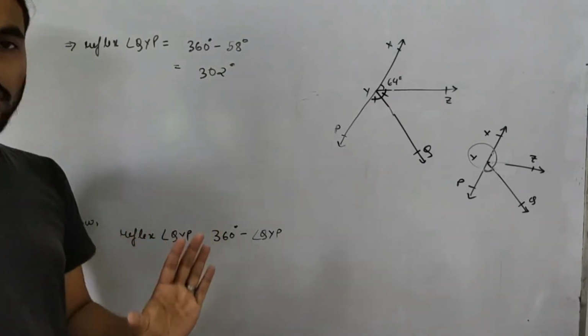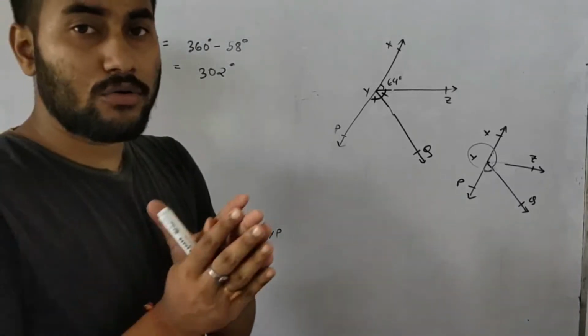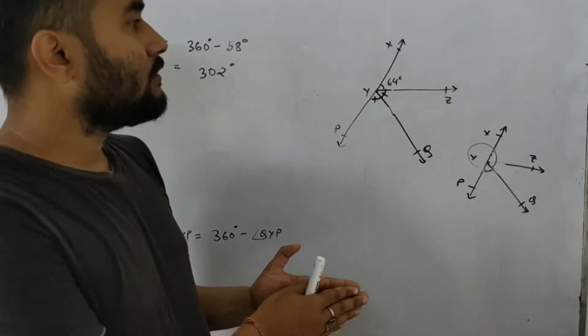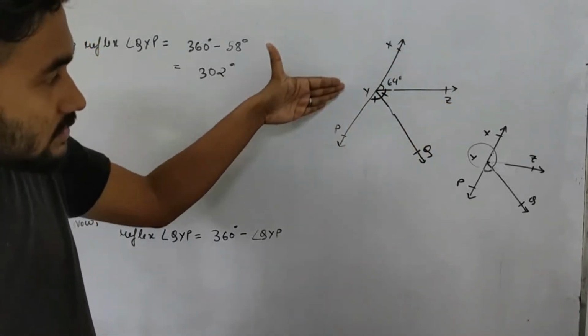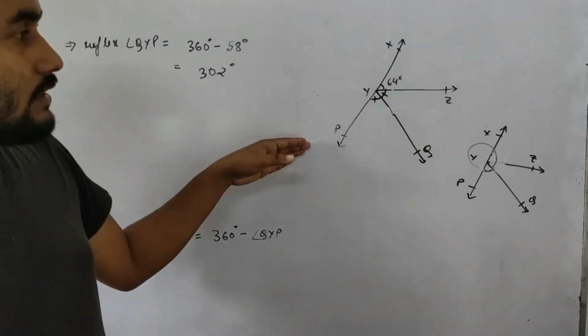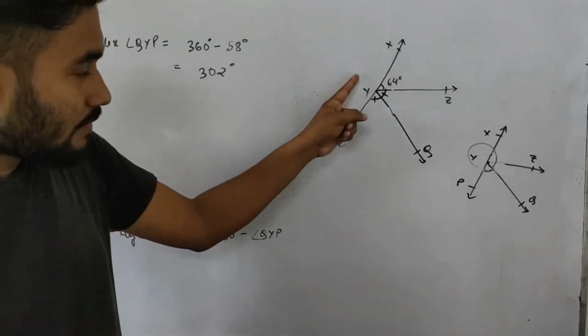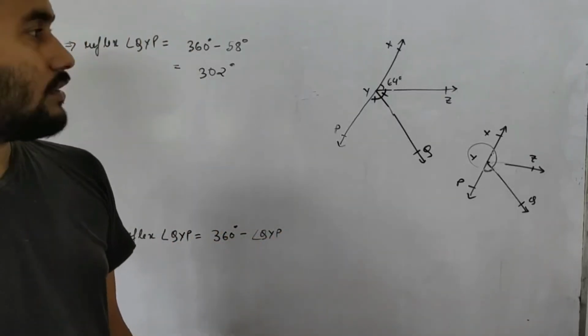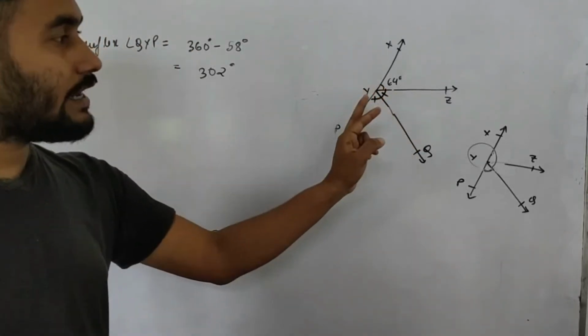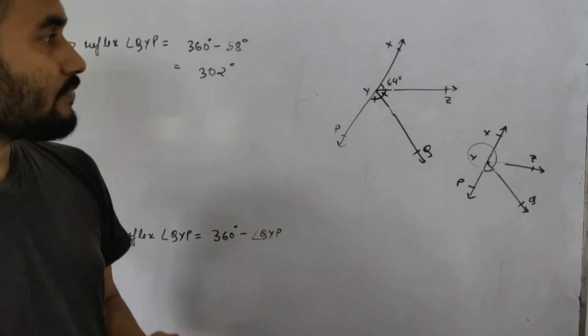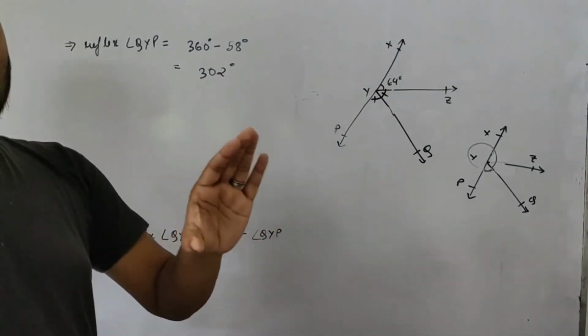Understood? So this is the question. At first you have to know how to draw the diagram step by step. Draw angle XYZ as 64 degrees. Then XY is produced to P. Then angle ZYP is bisected by YQ. Bisected means this part is equal. If this part is 58, this part is also 58. Then what first property have we used?